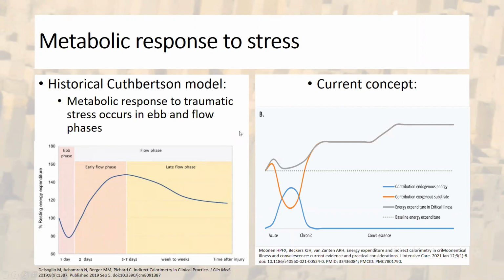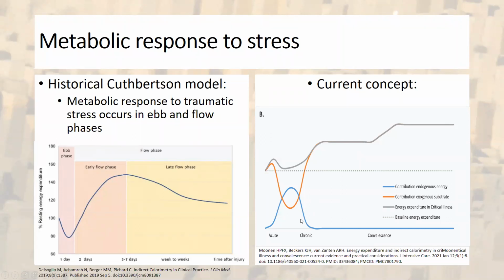Now, this model has really not been replicated in the body. Researchers have struggled to identify a clear course of how energy expenditure varies in critical illness. The current concept centers around a basal energy expenditure, and this energy expenditure has phases in critical illness. That's this gray line up here. You can see it increases in the early acute phase, dips a little bit, and then continues to increase.